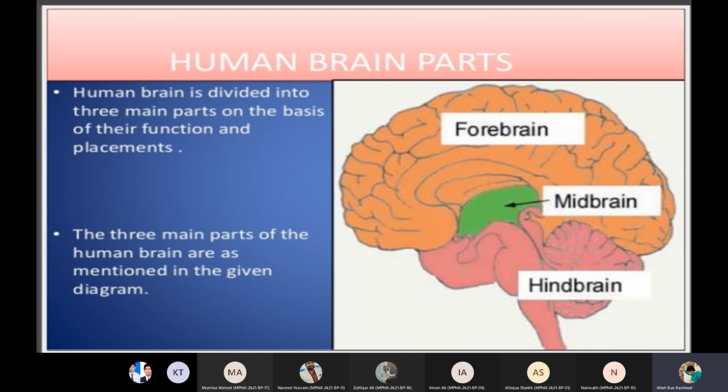You have to remember: forebrain, midbrain, and hindbrain.